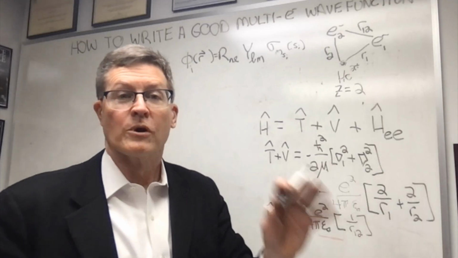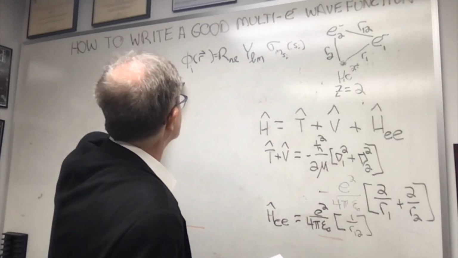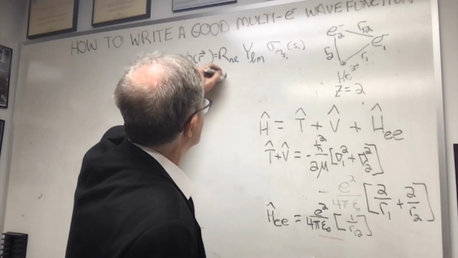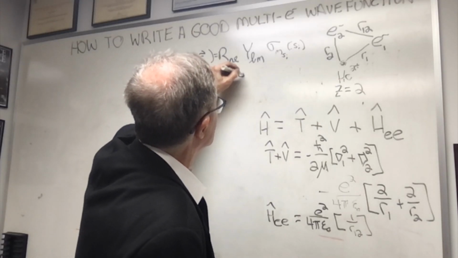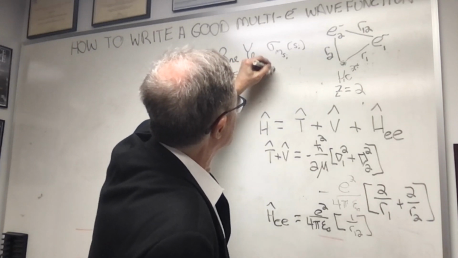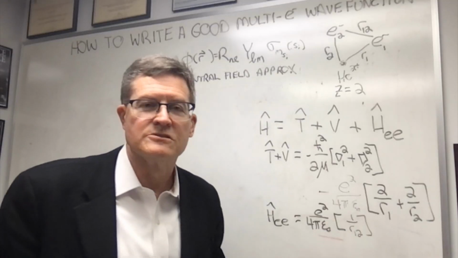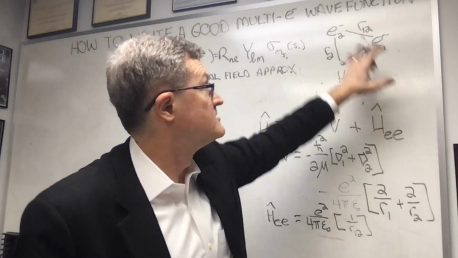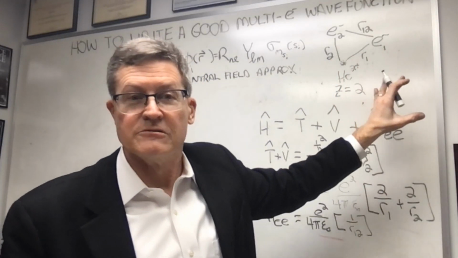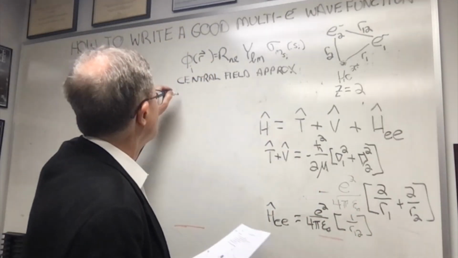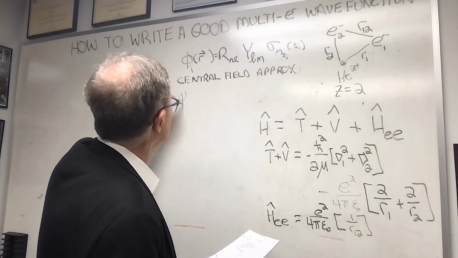Right? We're going to apply the central field approximation. That says that each one of these electrons is in its own orbital, moving in its own space essentially, and so we're going to make a complete atom wave function.